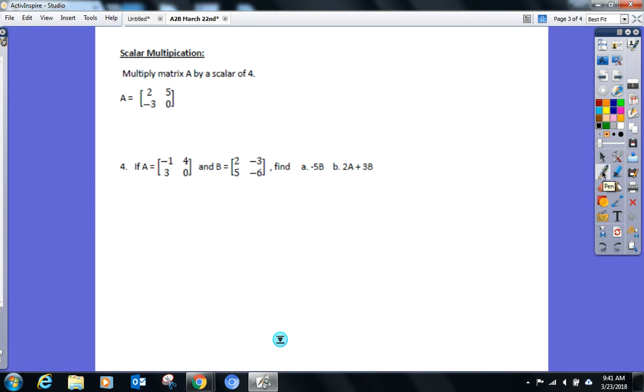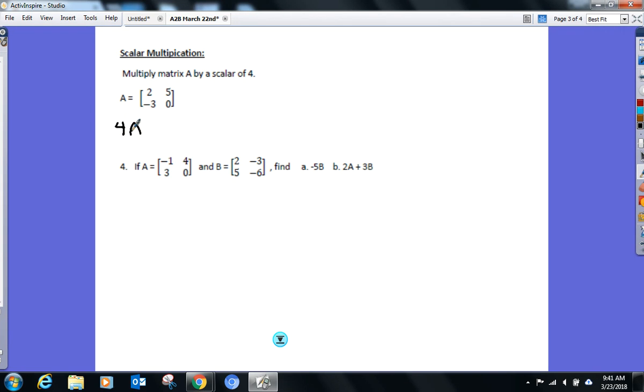Okay. I can also multiply a matrix by a number. Pretty easy. Did you just say scholar? Is there an O in there? A silent O I don't know about? A scalar? Okay, multiply by a scalar of 4. So I show that by matrix A being multiplied by 4.